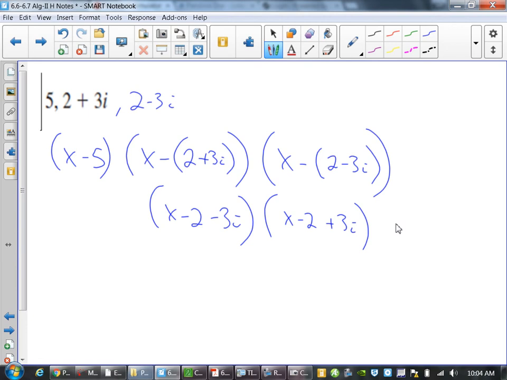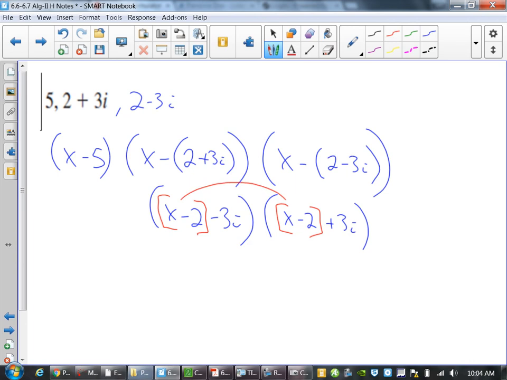You okay with that? Here's the weird part. Put those front two with a little bracket around them, and you're going to FOIL it like you would normally.